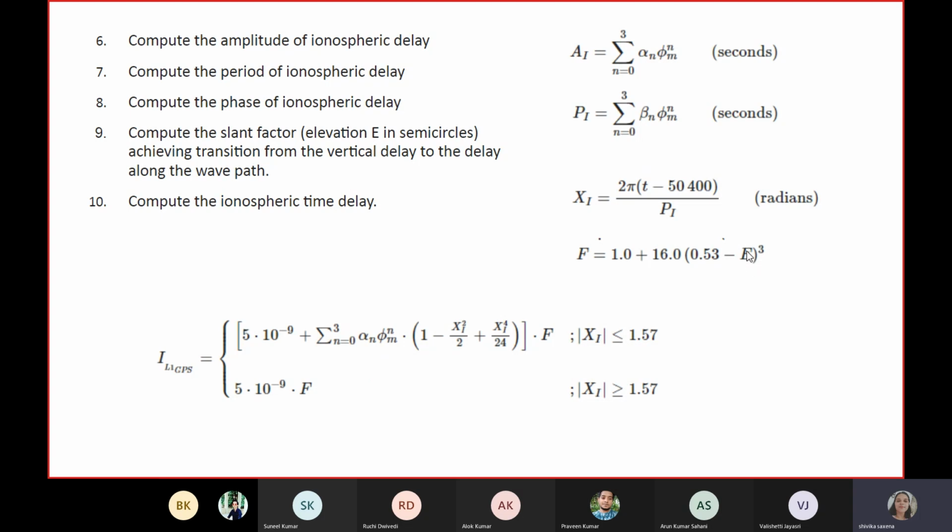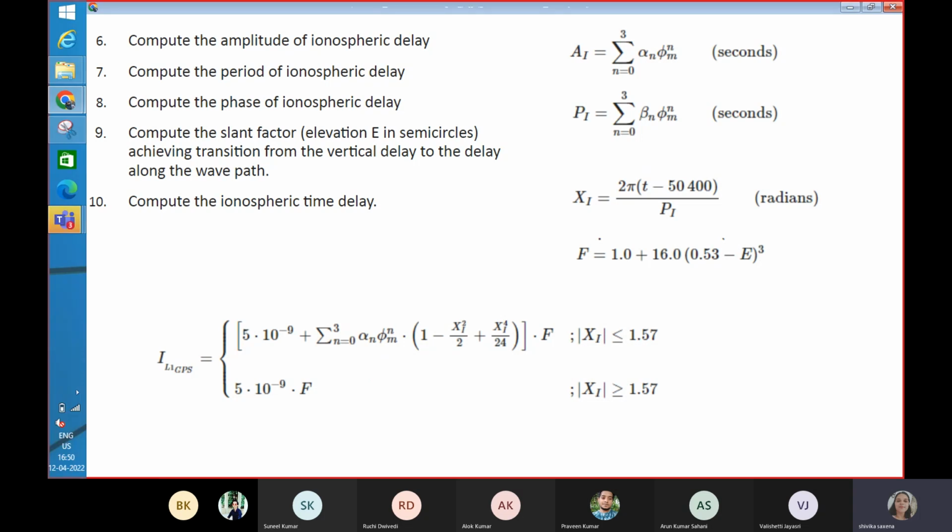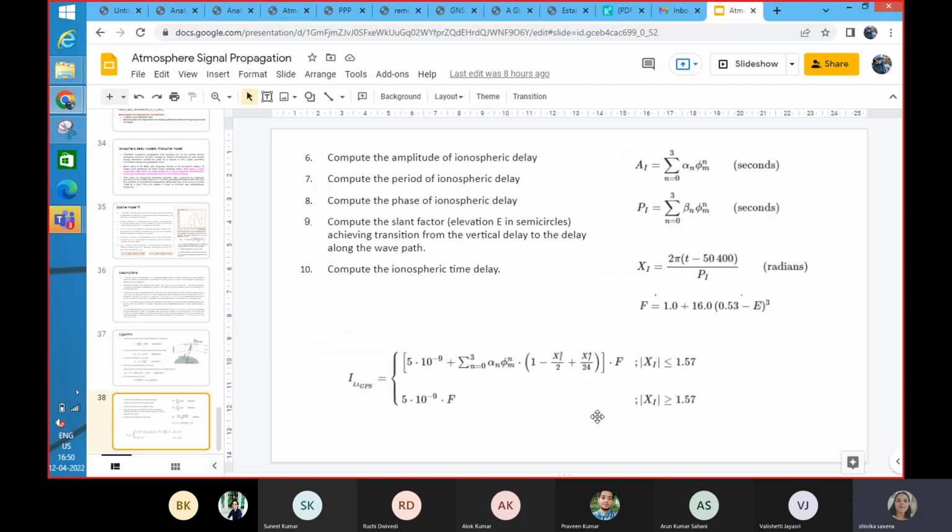This is not in radians or degrees, it is in semicircles. The slant factor is then multiplied by this amplitude and period model, and we arrive at the ionospheric time delay for the L1 frequency. So this is how the Klobuchar model is used as an ionospheric correction algorithm.